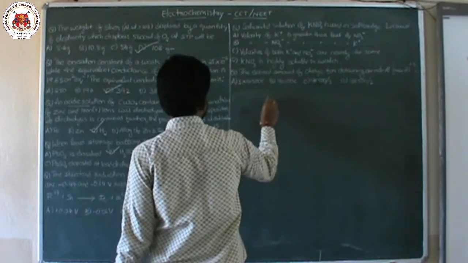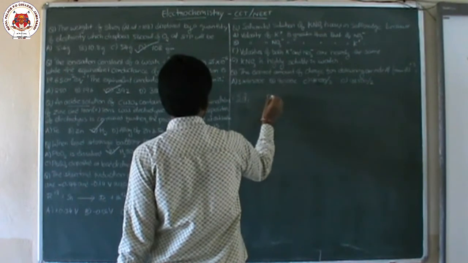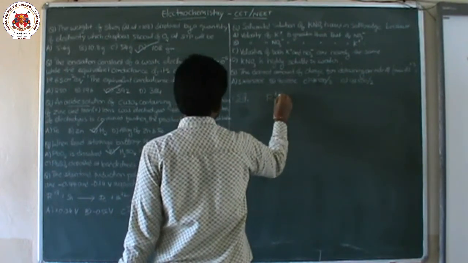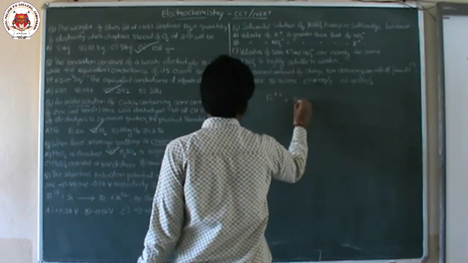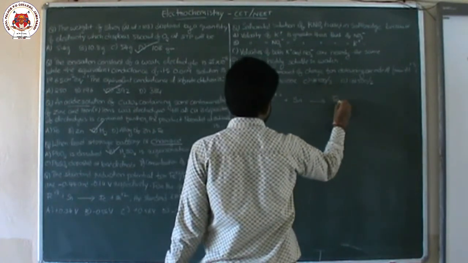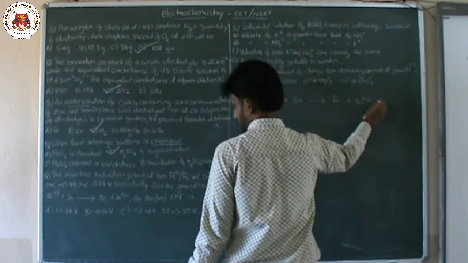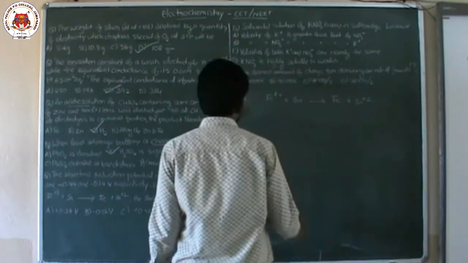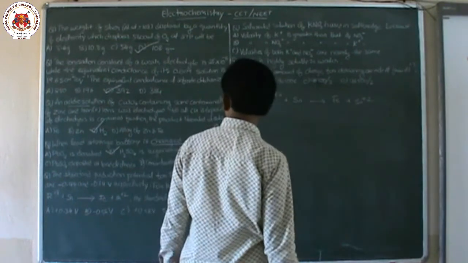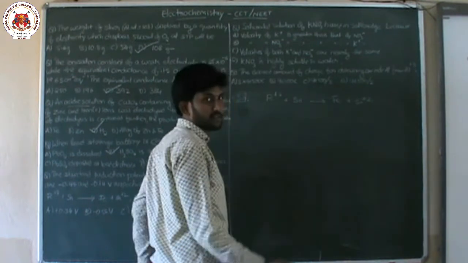So this equation is given to us. They want the standard EMF of the cell, and standard reduction potentials are given to us.